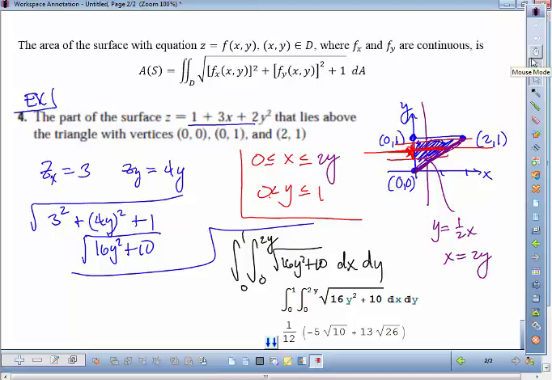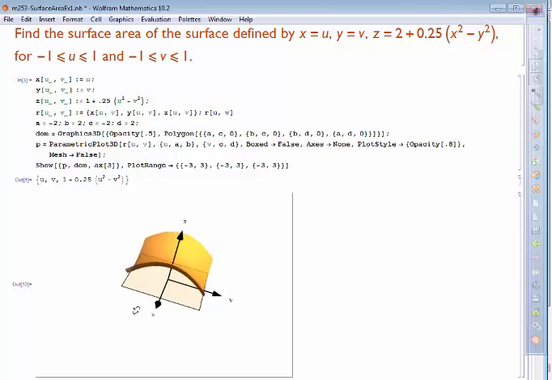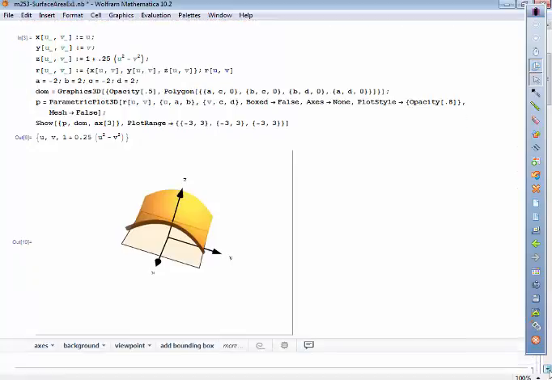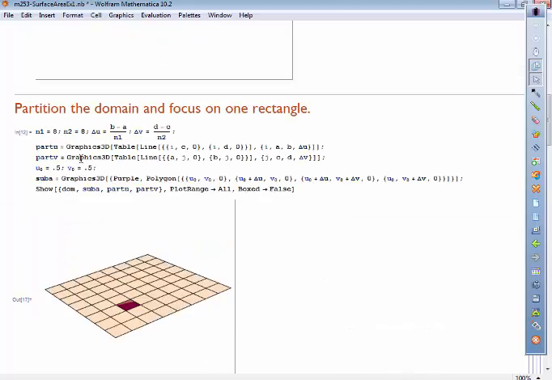All right, so visuals. I wanted to show you the visuals using an old thing that I had. The idea is to slice this up into little partitions and then find little areas. Here it looks like I have 8 partitions.